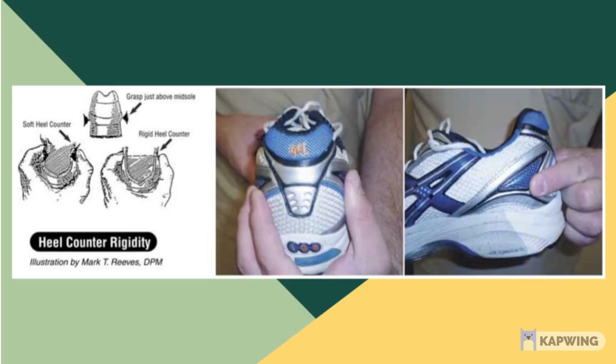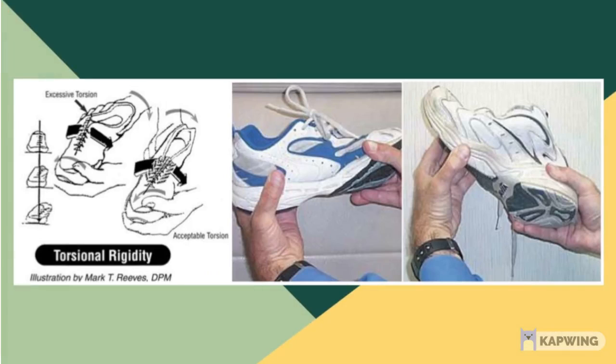So for the second test, as you can see on the screen, the test is named torsional rigidity, and you can see the steps on how to apply the test on the shoes.